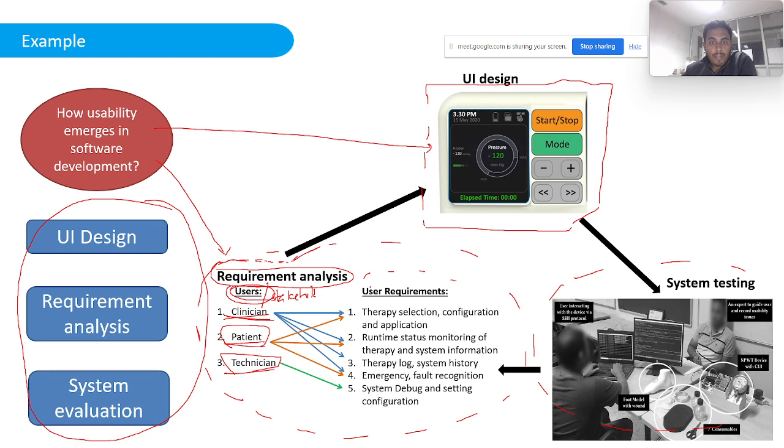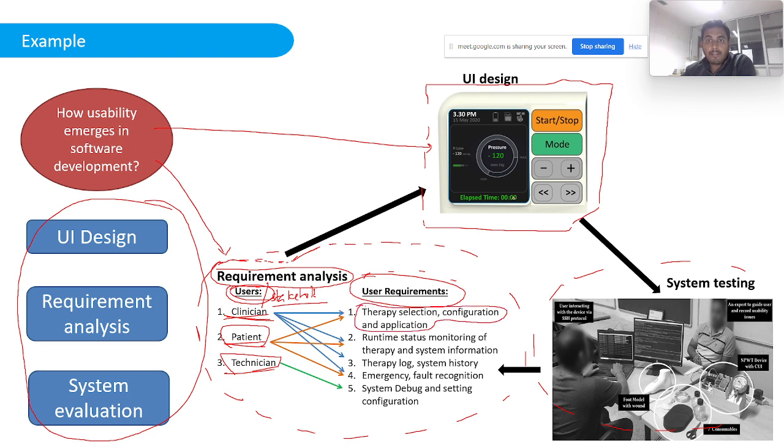Okay, so when we try to gather information on the system requirements, we get requirements from its users, and that's the beauty of the current approach, where we are concerned about each stakeholder and try to understand their requirements in the software development process. So for example, a clinician's requirements will be therapy selection, configuration, application.